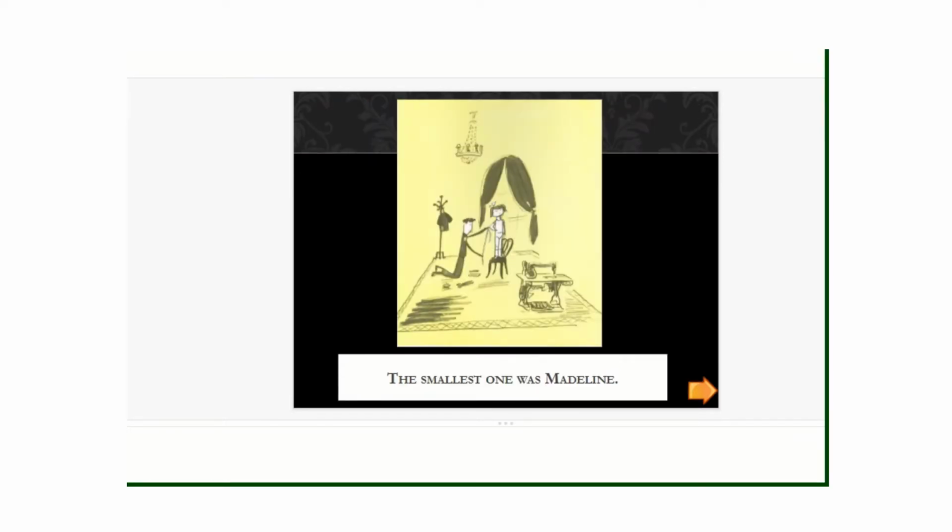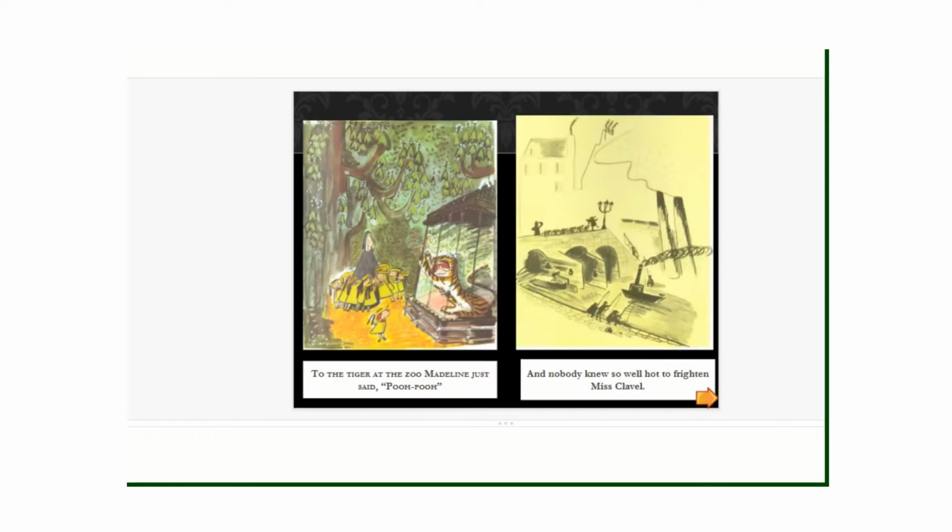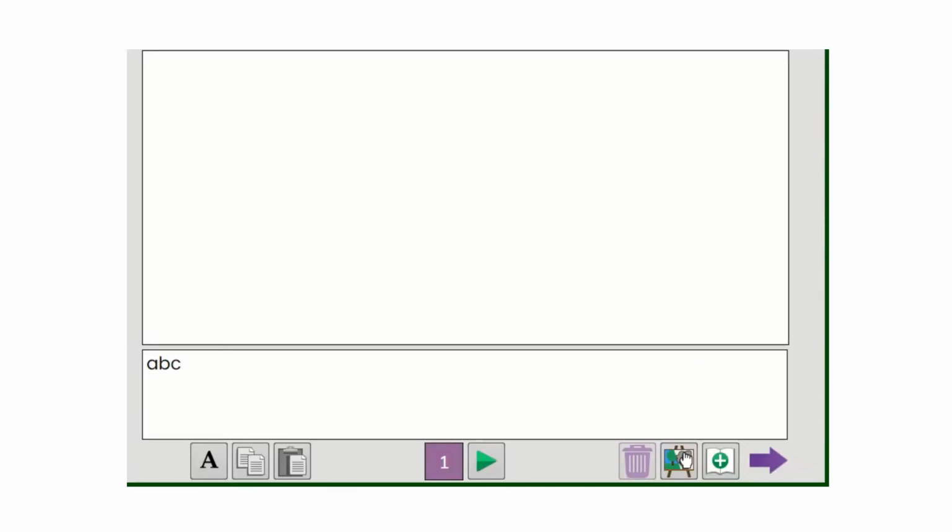The smallest one was Madeline. She was not afraid of mice. She loved winter, snow and ice. To the tiger at the zoo, Madeline just said pooh pooh, and nobody knew so well how to frighten Miss Clavel.